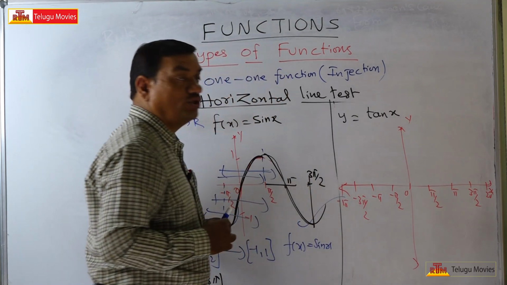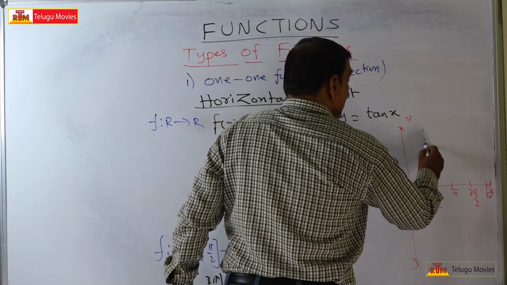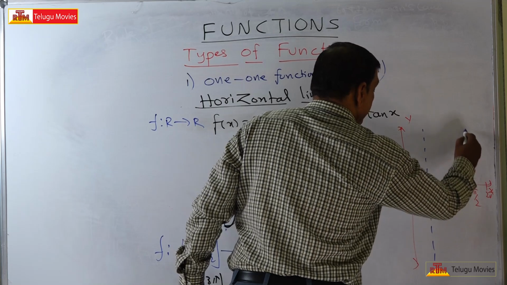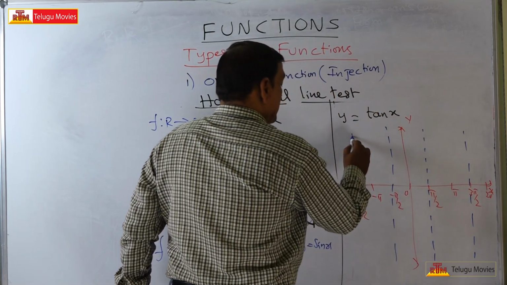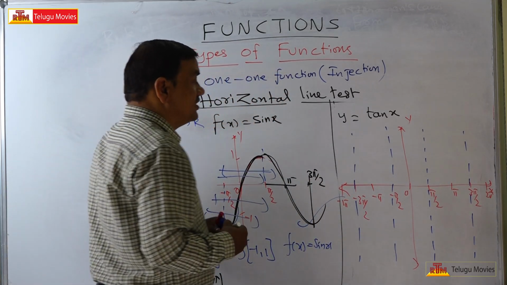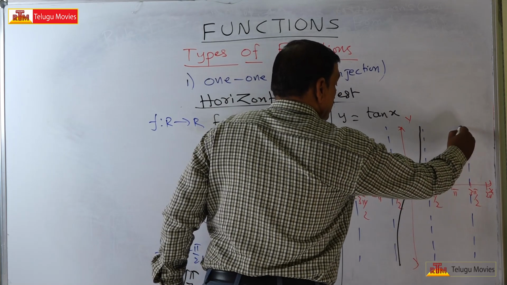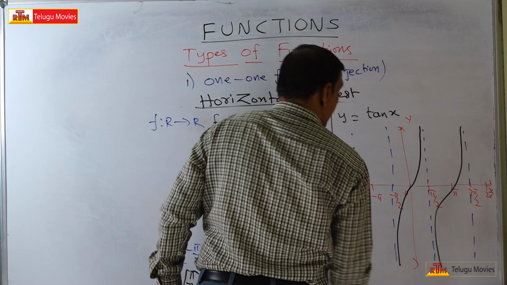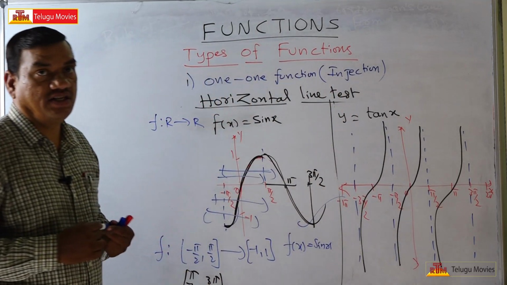Now as you know, tan x is undefined at odd multiples of pi by 2. So this is pi by 2, this is 3 pi by 2, this is minus pi by 2, and this is minus 3 pi by 2. As your graph goes, tan 0 is 0. Okay, right. So this is your tan x graph.